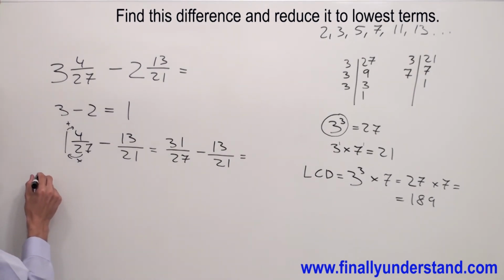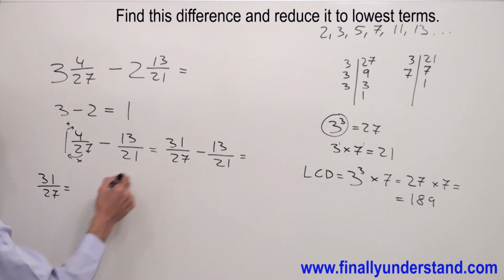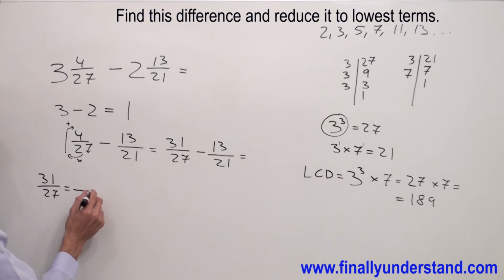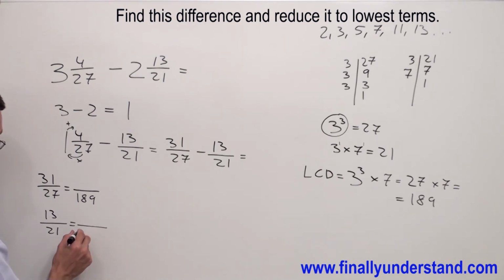Now I have 31 over 27. Okay, I copied this fraction down, and my common denominator is 189. Okay, and I have 13 over 21, and the common denominator we said is 189.